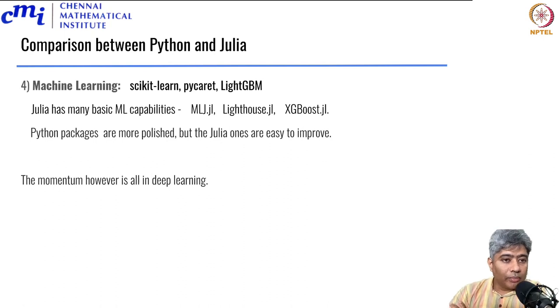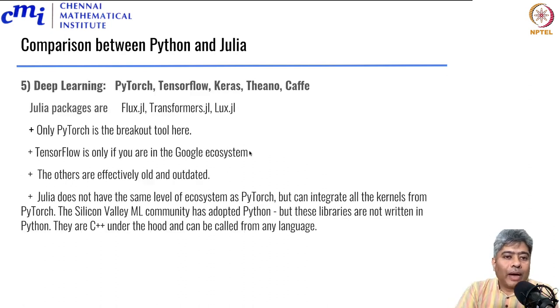For machine learning, the Python packages are scikit-learn, PyCaret, LightGBM, and the comparable Julia packages are MLJ, Lighthouse, XGBoost. In Python, PyTorch, TensorFlow, Keras, Theano are still much better when it comes to deep learning packages.